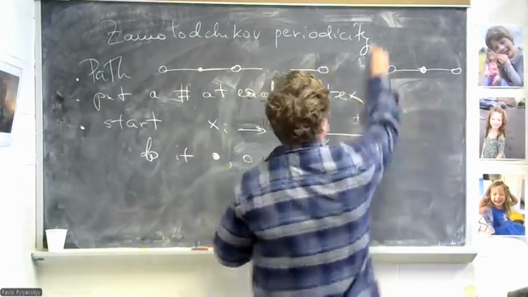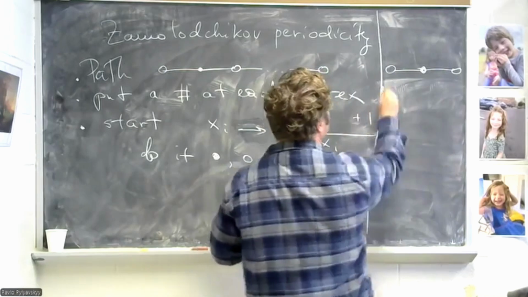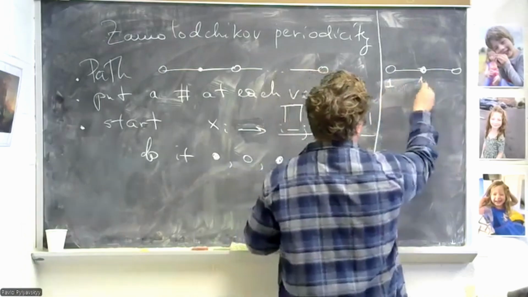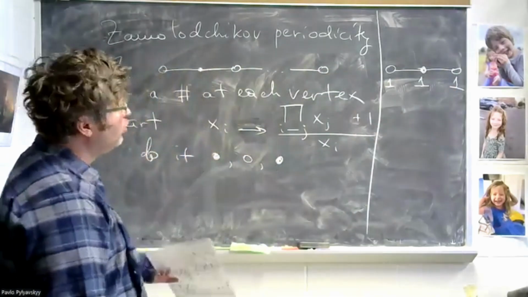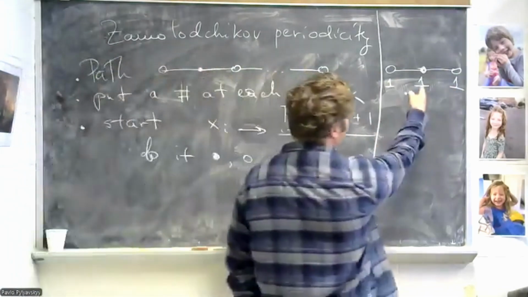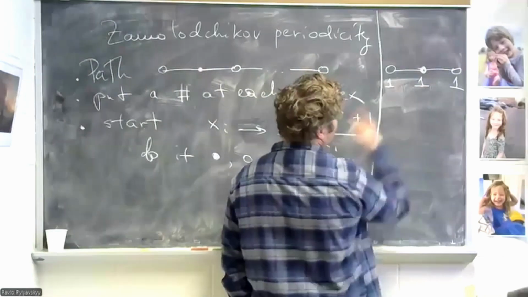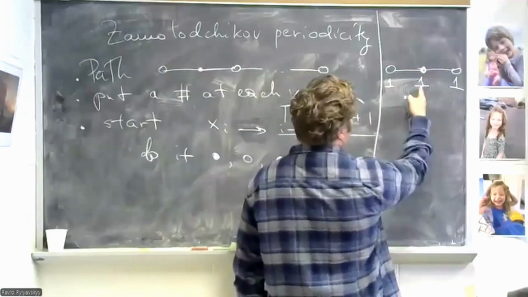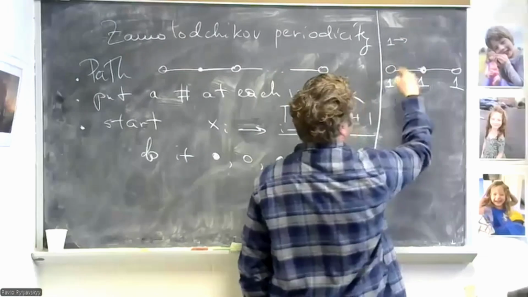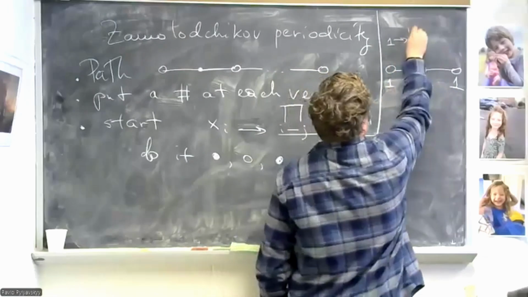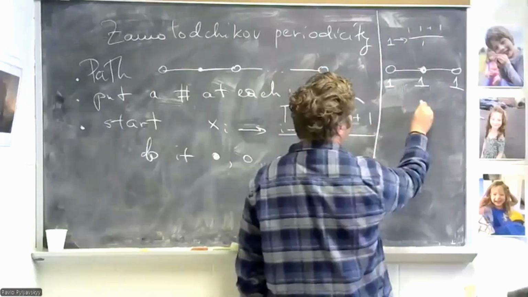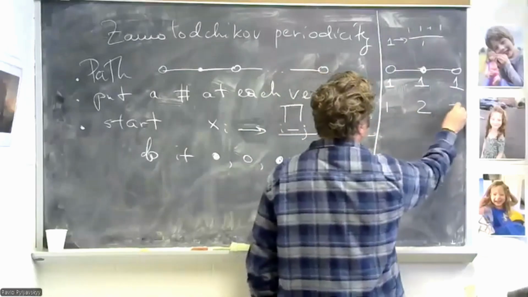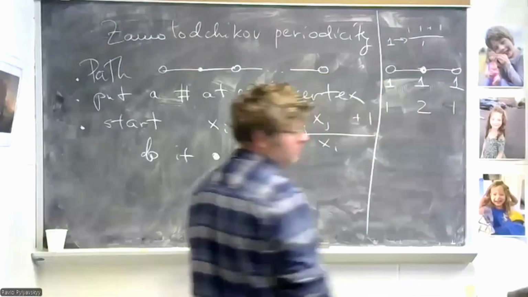Let's start with numbers 1, 1, 1. What happens on the first step? This 1 becomes 1 times 1 plus 1 divided by 1. So it just becomes 2. And those two guys stay 1.